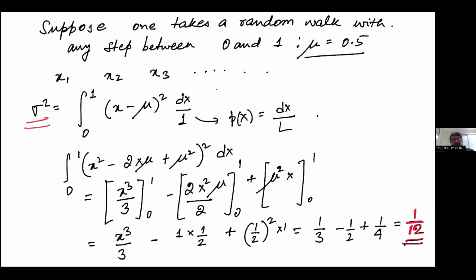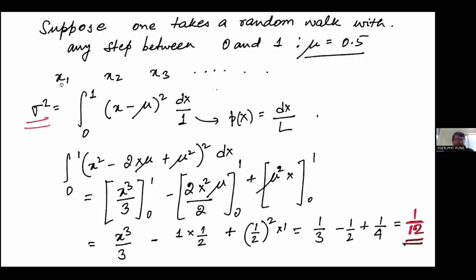It can be 0.1 or 0.9 or 0.7 and so on. So it's basically a random walk always to the right, say, any number between 0 and 1. And so we can calculate that the mean step will be 0.5, right?